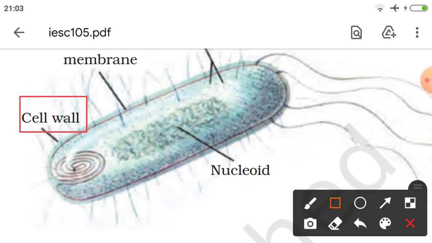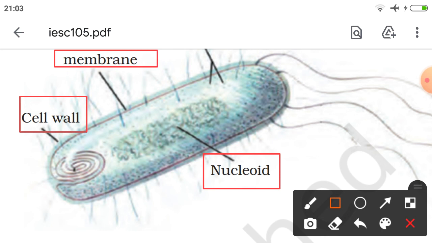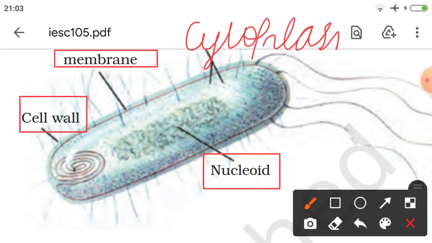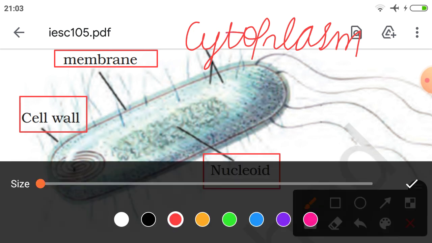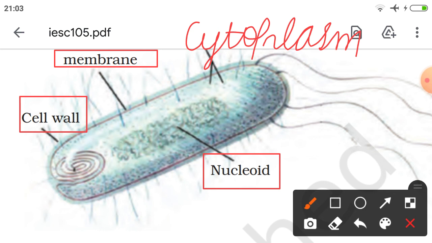Bacteria have cell wall, nucleoid, plasma membrane, and this is your cytoplasm. Sorry, it is not written here. Let me write cytoplasm. Yes, cytoplasm. So you can see all the information is suspended here like this.